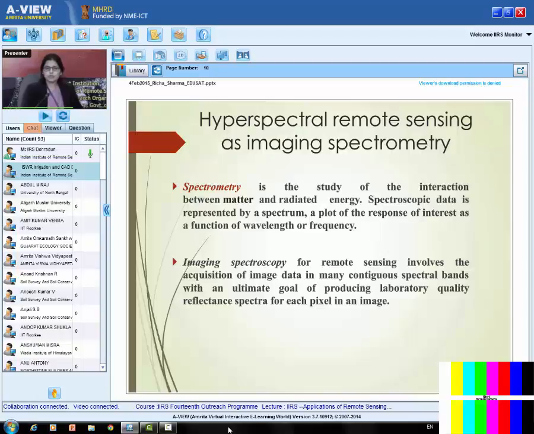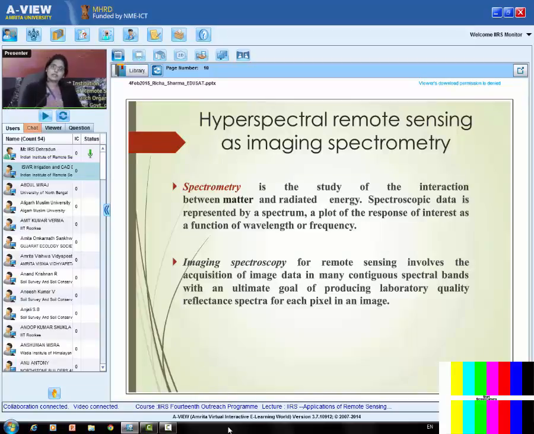You have to look into this word contiguous, because whenever we are talking about hyperspectral data, contiguity is a must. So it is the acquisition of image data in many contiguous spectral bands with the ultimate goal of producing laboratory quality reflectance spectra for each and every pixel.